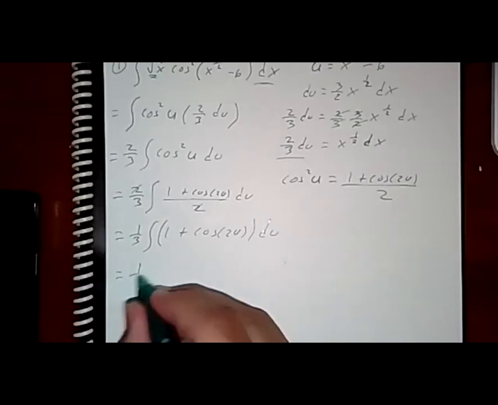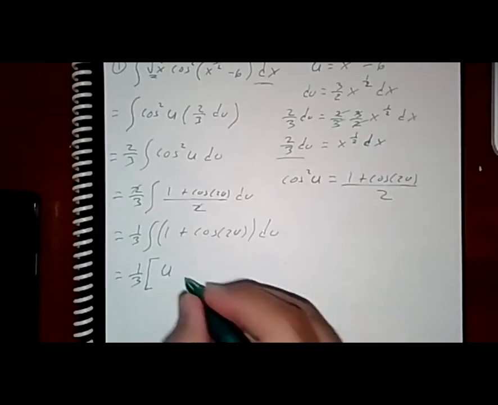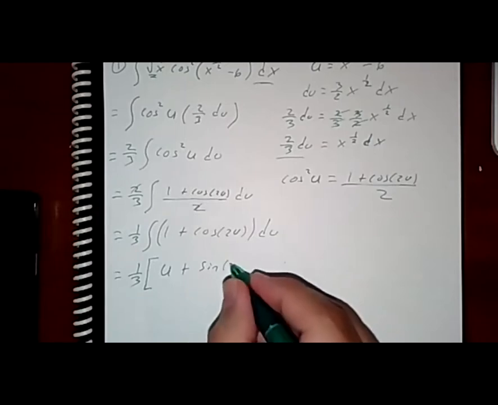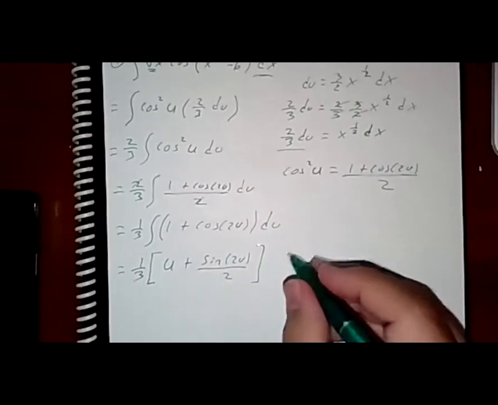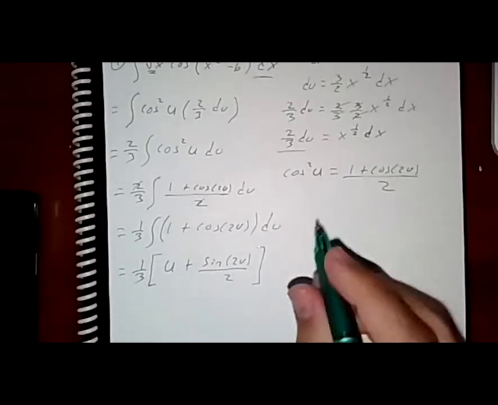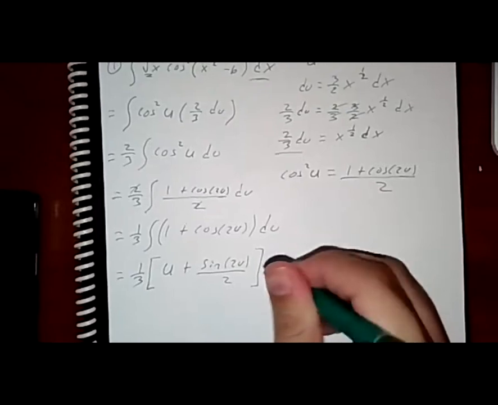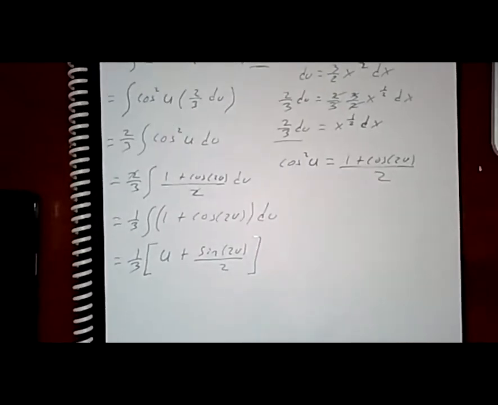From experience, I'm just going to use my formula. So that'll be u plus sine of 2u over 2. If you're wondering where that came from, I used the formula I gave you, or you can use substitution, which is the reason that's here. So I'll just bring everything back to x and we're done.